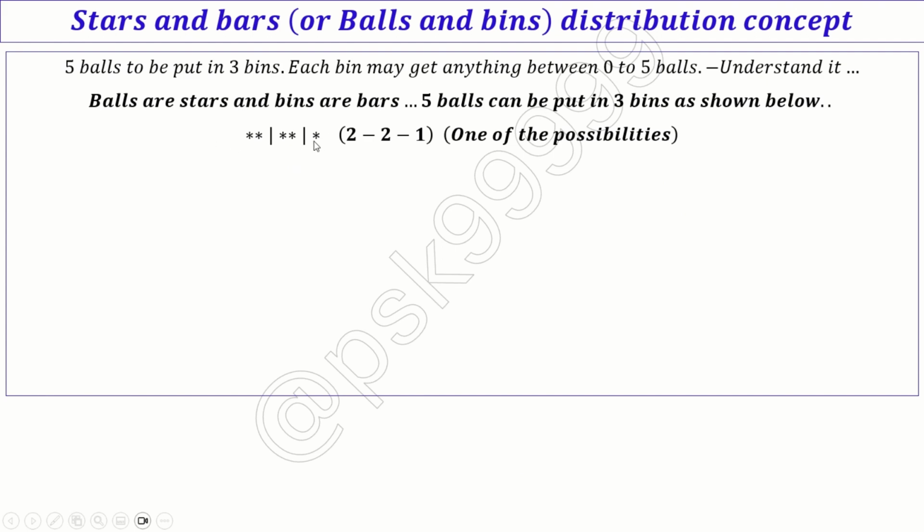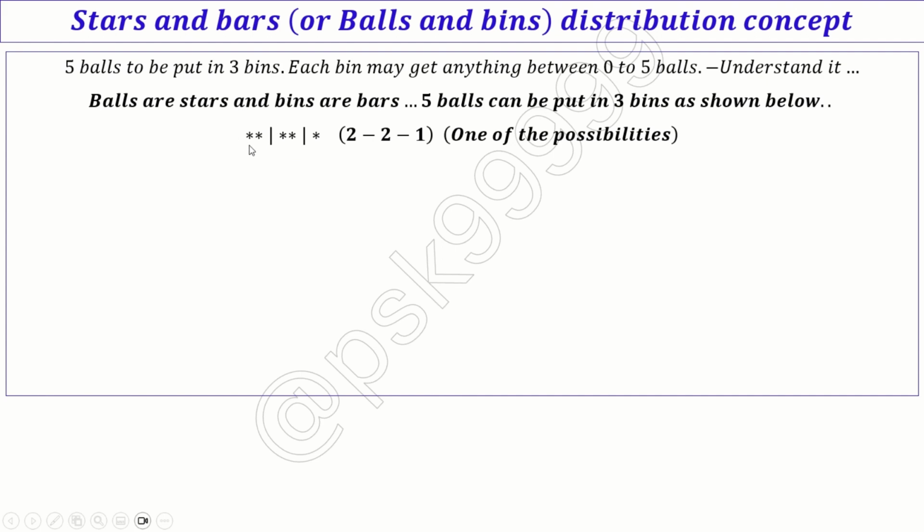I can separate it like this using 2 bars. Anytime you are asked to distribute so many identical objects into n bins, you need n minus 1 bars, one less than that, so that you create n spaces.